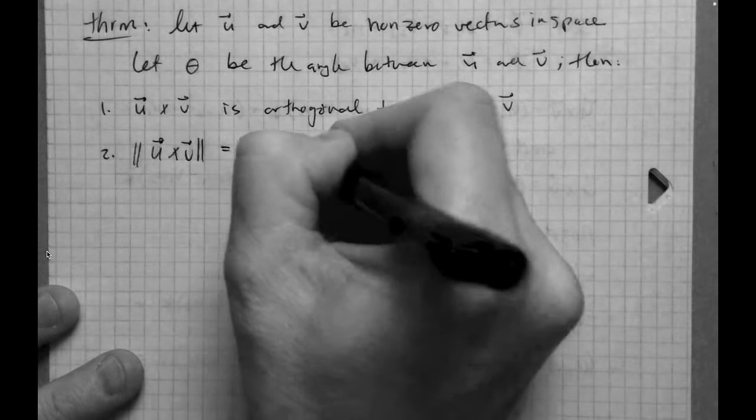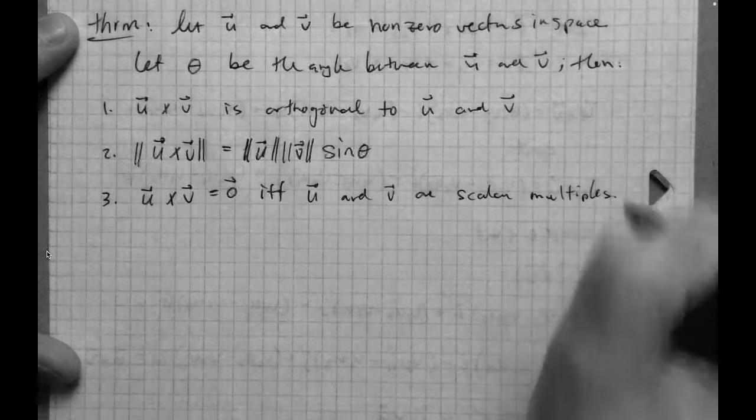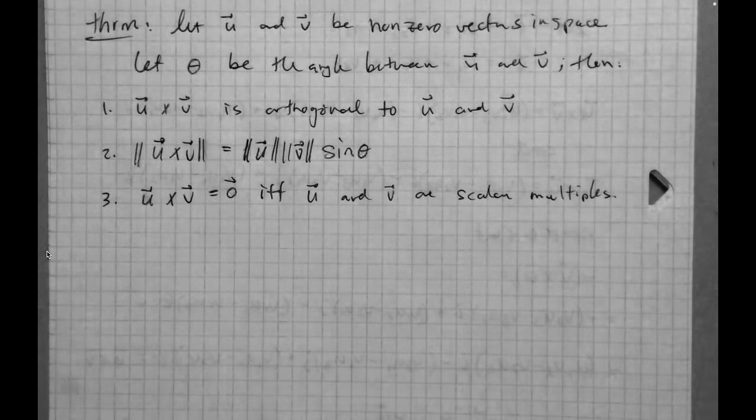Thirdly, we can say that u cross v is 0 if and only if u and v are scalar multiples. So if one of the vectors is a scalar multiple of the other, then the cross product is 0. Obviously we've seen the special case of this where u and v are the same vector, but this is a little stronger.